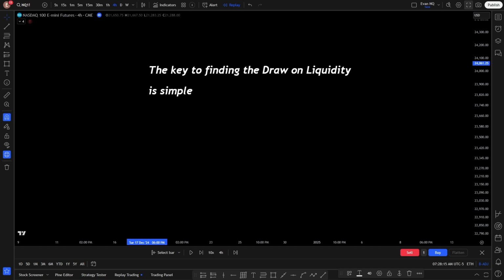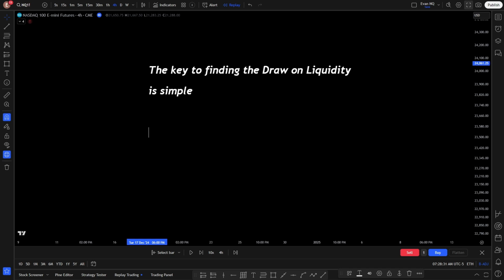Trading does not need to be hard. Trading is meant to be simple, because if we can keep trading simple, it's easier on our mind, it's easier on our focus and our work. The easier it is to make money. The key to finding draw on liquidity is simple.